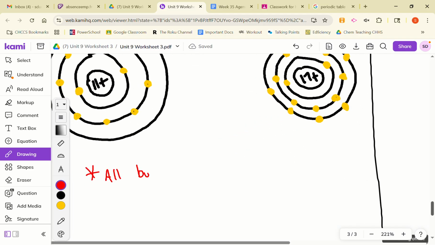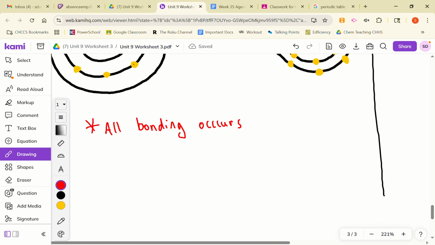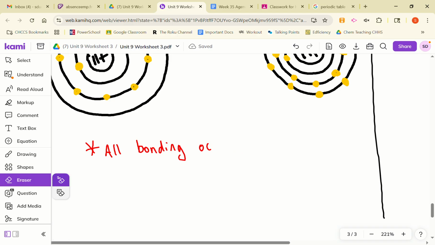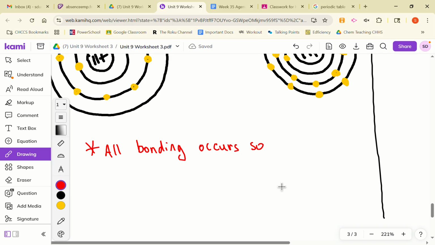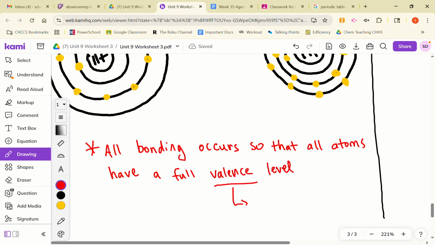All bonding occurs so that all atoms have a full valence level. Valence is outermost energy, right? So all bonding occurs so that all atoms have a full valence level.